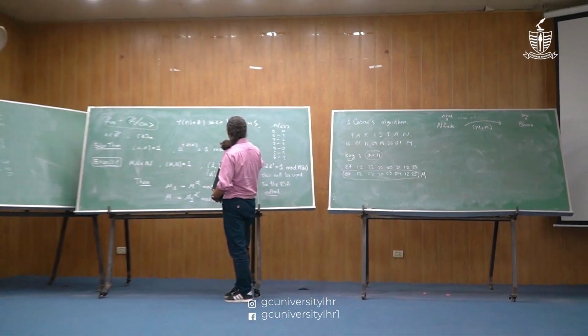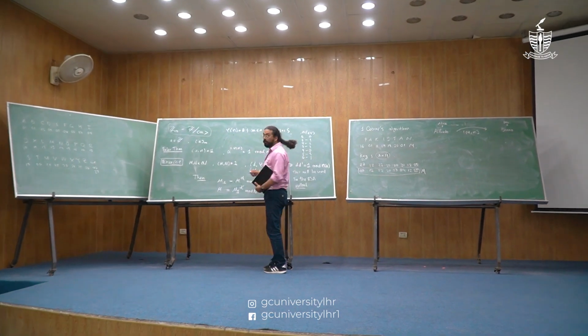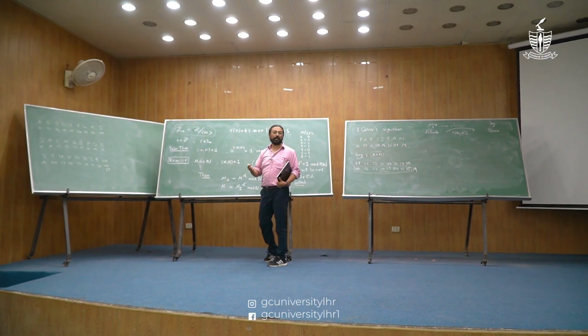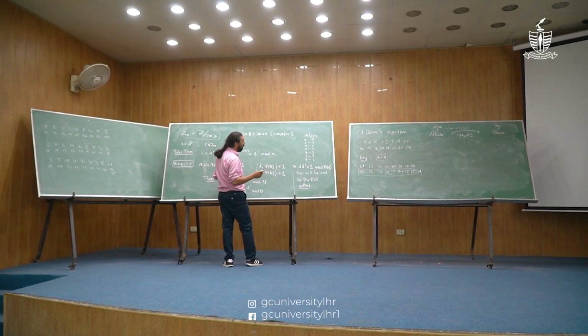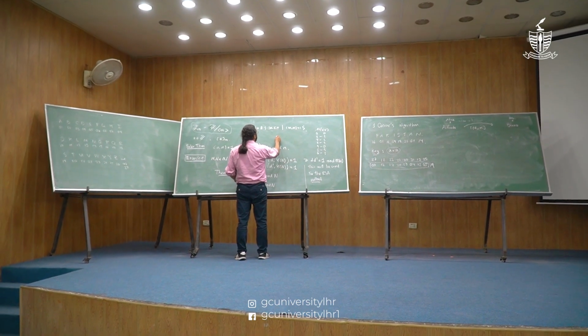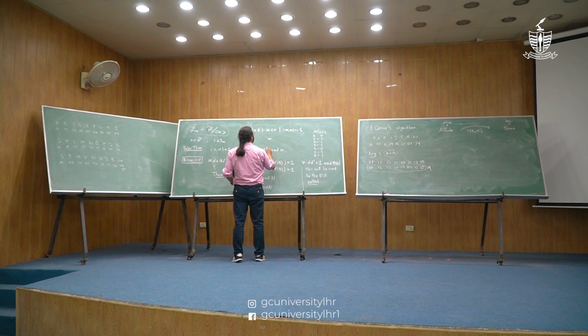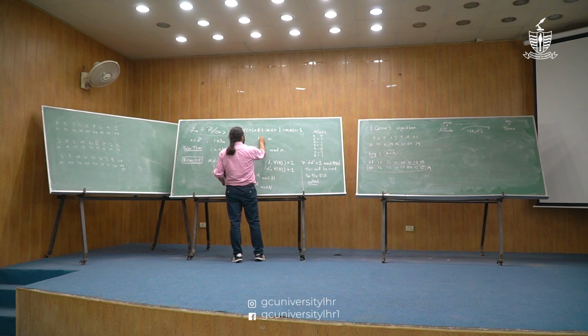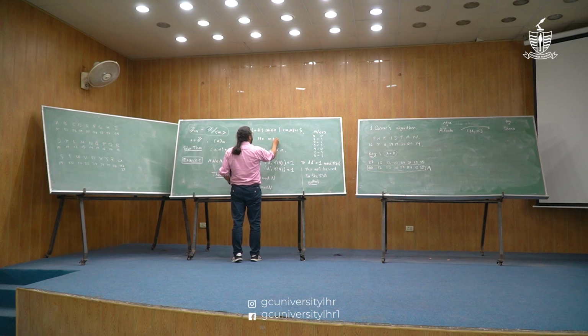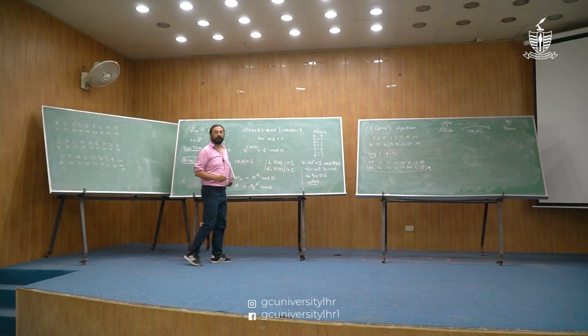Another way that you can see it is the division algorithm, right? You take m, you take any number n. This you can write like n equals m times q plus r, right?